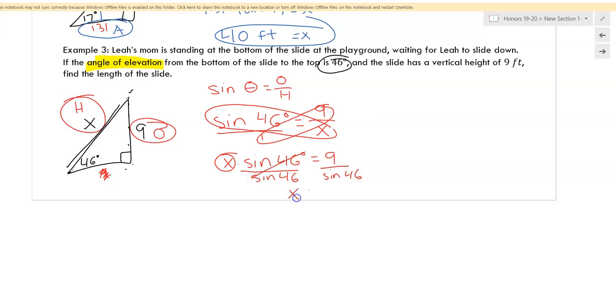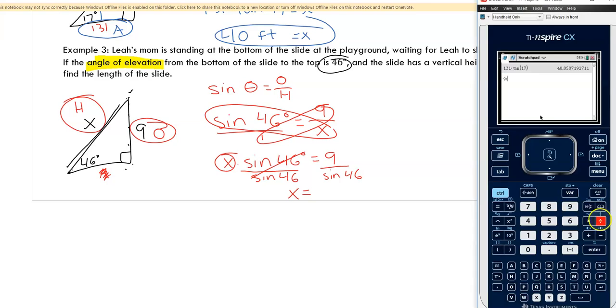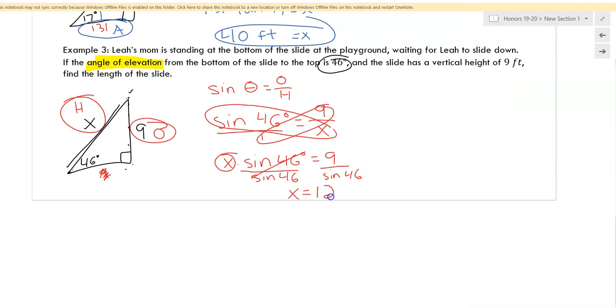Those cancel, so x equals, and I'm just typing that in my calculator. 9 divided by the sine of 46. And we'll say it's about 12.5, is this also in feet? Yep, 12.5 feet. Okay, so the length of that slide is about 12.5 feet.